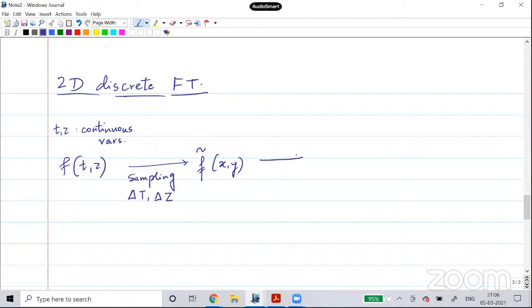To this, you can apply the discrete Fourier transform and get capital F. The frequency variables will be u and v now instead of just u. F tilde.